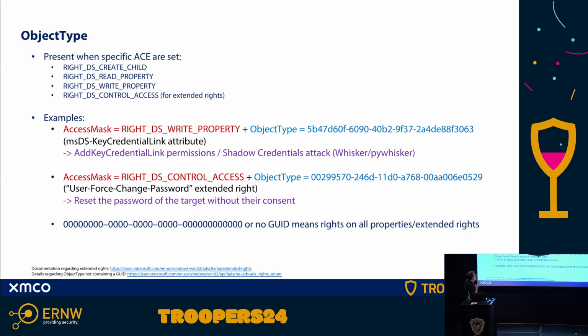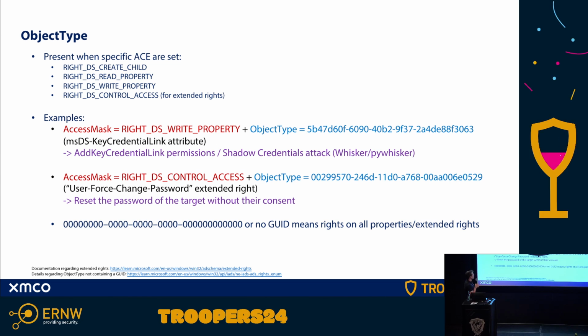Let's take two specific examples. If in my ACE I have the WriteProperty access mask with this object type, which translates to the msDS-KeyCredentialLink attribute that you can find in the documentation of Microsoft, you can conclude that you actually have a write key credential link permission on the object. And what does that mean? It means that you can perform a shadow credential attack and take control of the object if you have a PKI infrastructure in the environment that you are auditing.